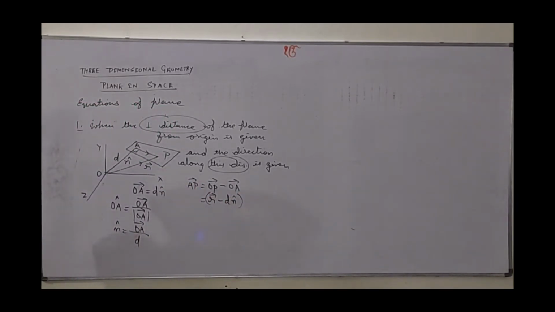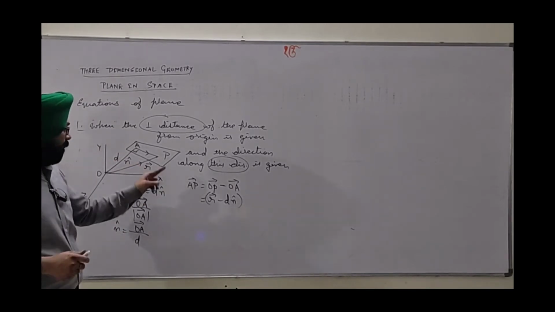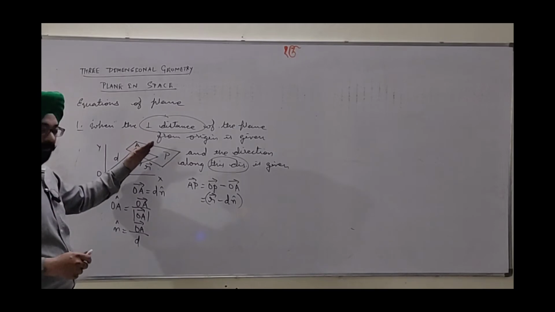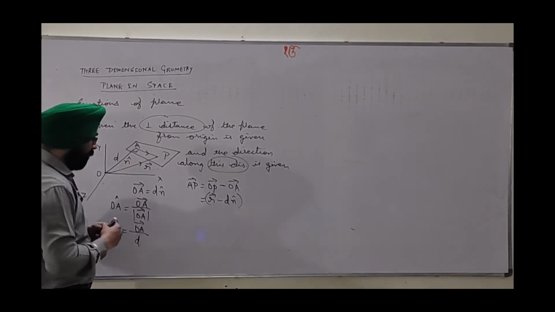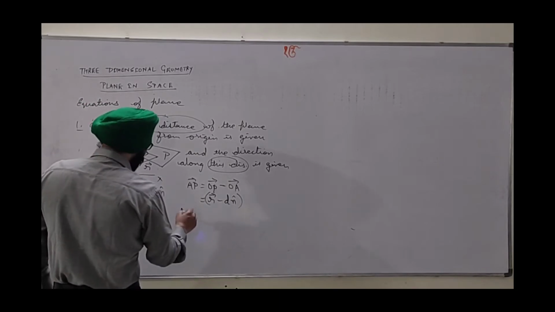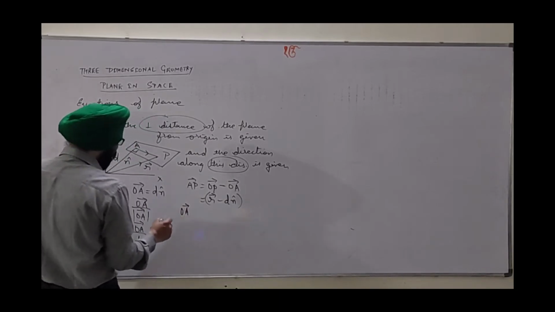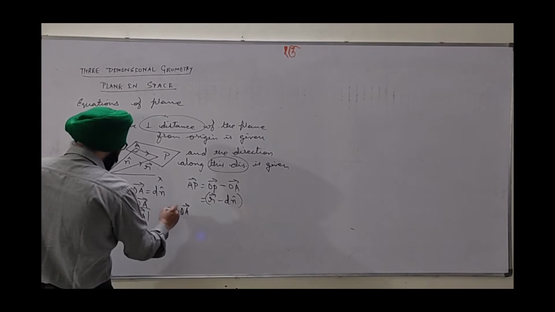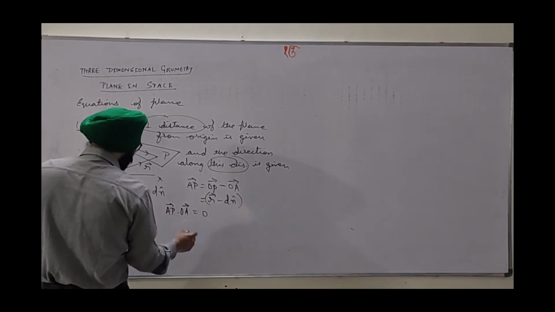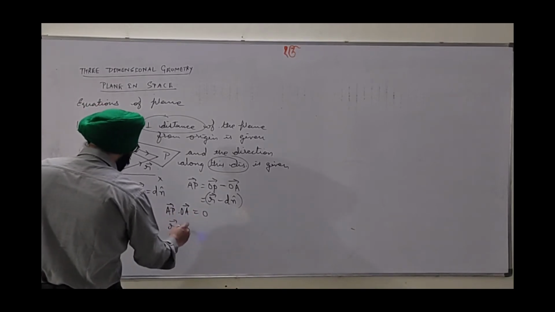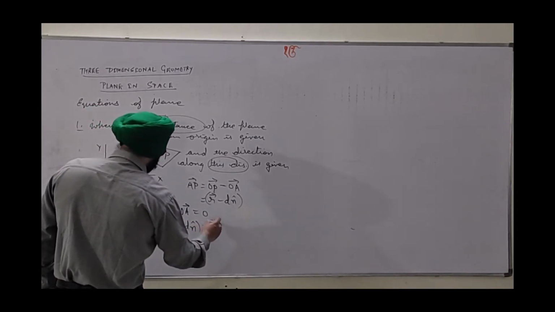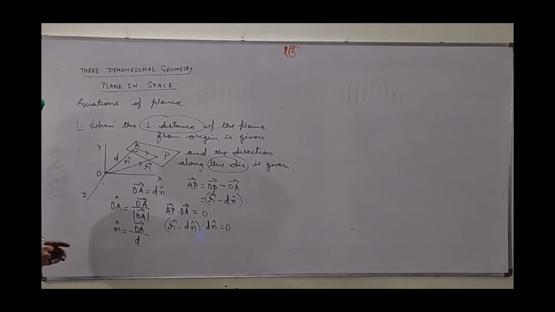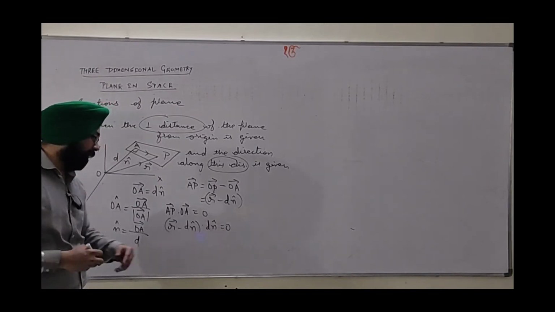So AP is completed. How will I use this to find the equation of the plane? Here vector AP lies in the plane. Vector OA is perpendicular to this AP, so obviously the dot product of the two vectors will be 0. I mean to say OA taken dot with AP gives 0. AP replaced by r minus d n cap, OA already obtained as d n cap, equal to 0. Now d being a scalar, a constant, can be shifted to the right-hand side.